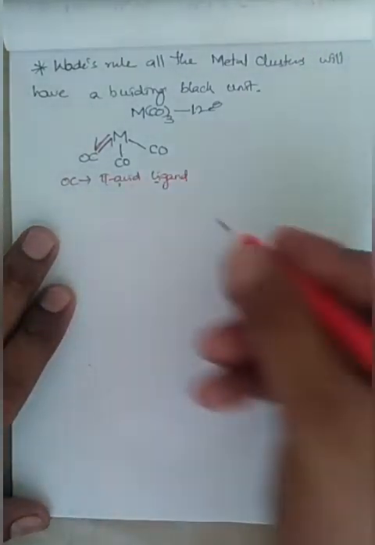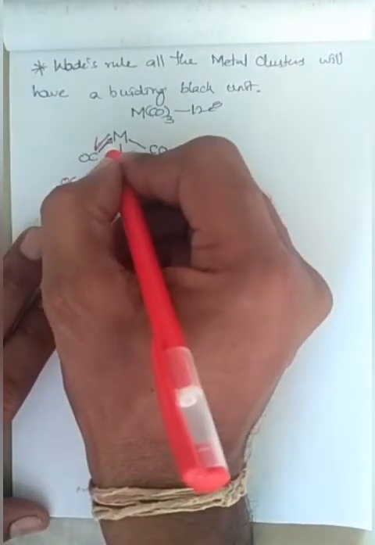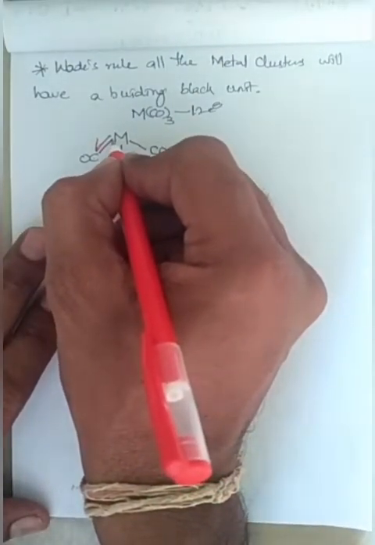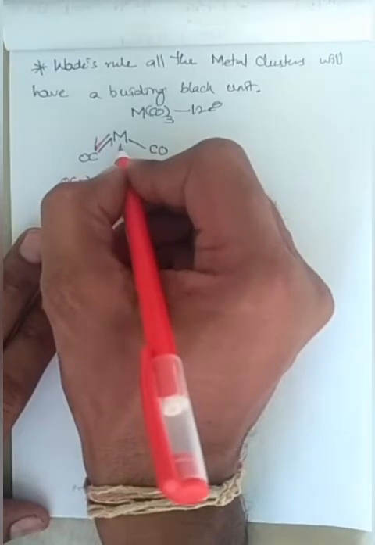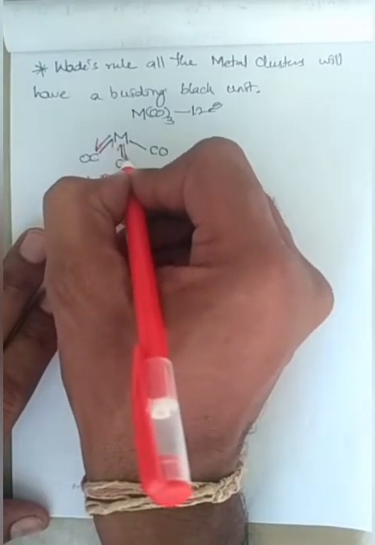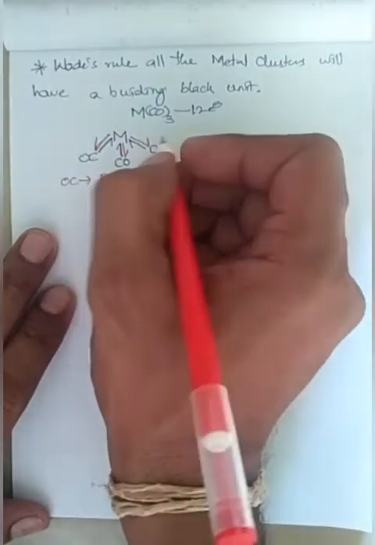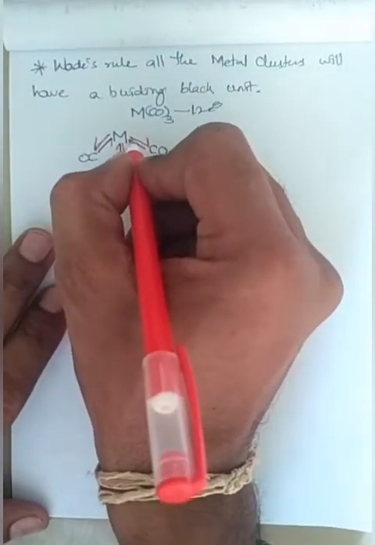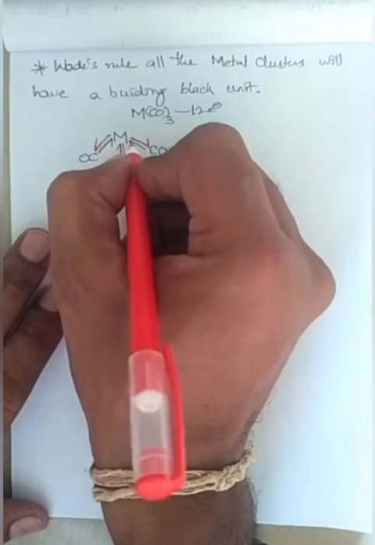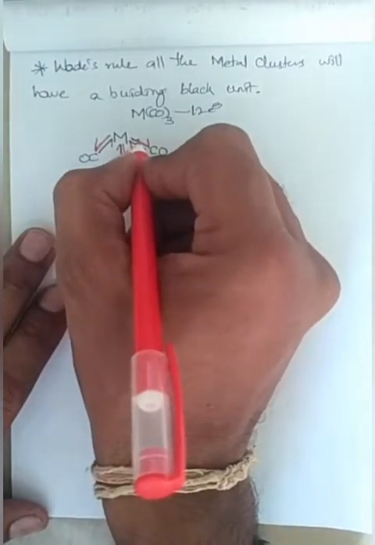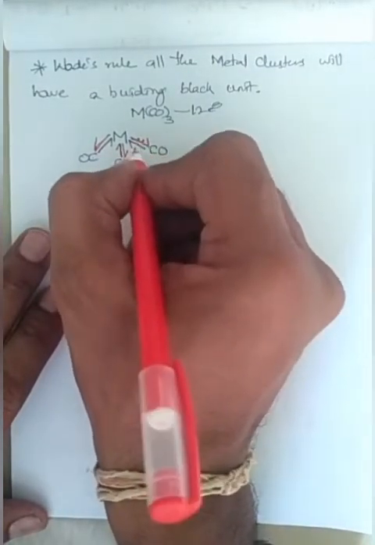So it donates a pair of electrons towards the metal and it accepts electron density. Like that, in all three, they will donate a pair of electrons and accept electron pairs, right? We know that each bond will have 2 electrons.